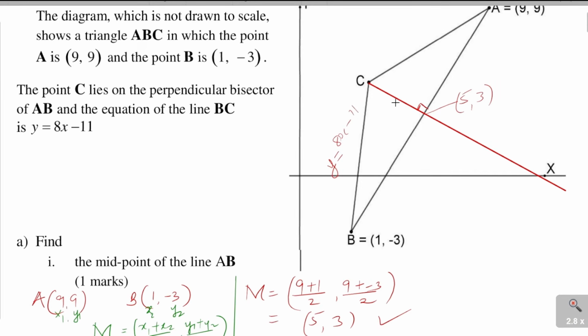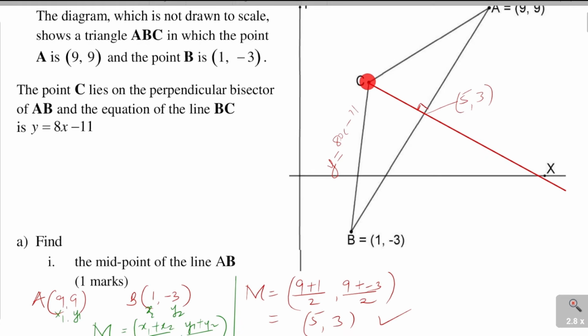And then we have the equation of this perpendicular bisector, which we have already obtained. To get the point of intersection, we simply need to solve those two equations simultaneously, because you can see the two lines are meeting at this point.